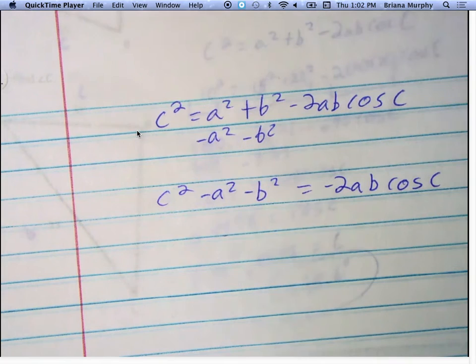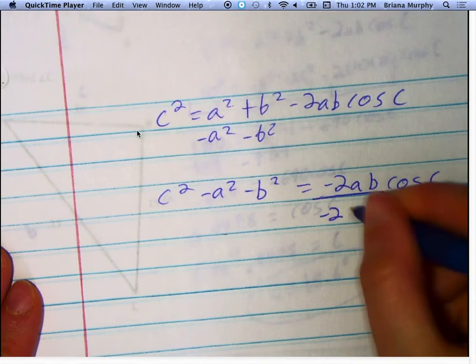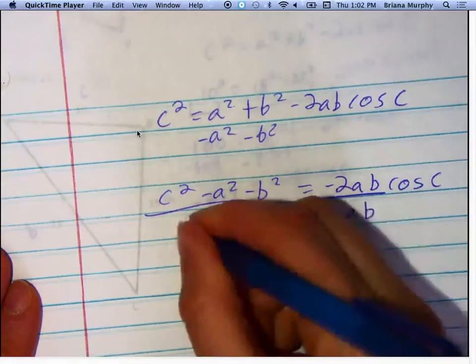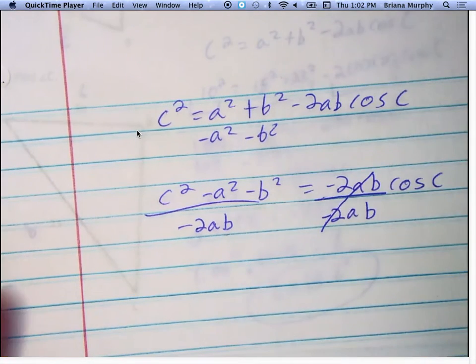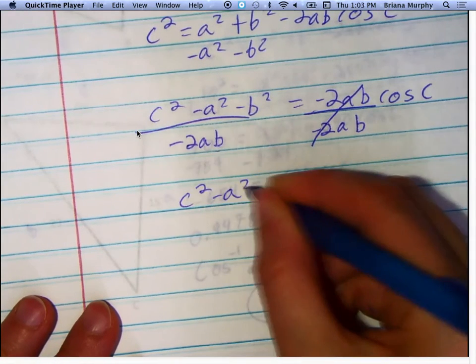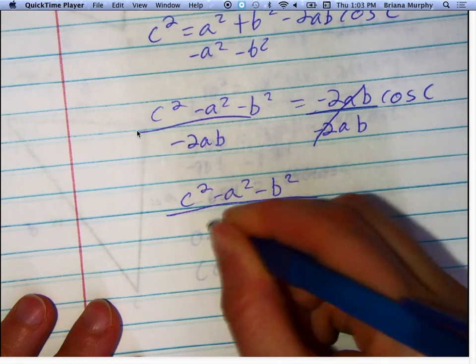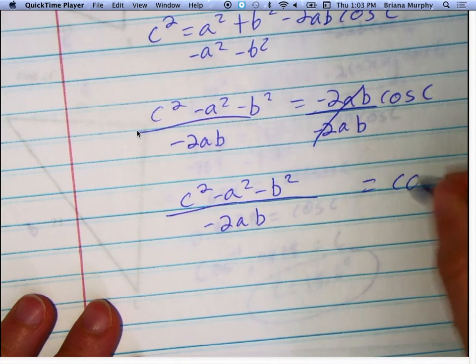Okay? And then I'm going to divide negative 2ab on both sides. It's kind of hard to follow, but I'm doing the exact same thing I did without numbers. I know sometimes when you have letters here, it makes it confusing, but that's what I'm doing. Okay? So I've got c squared minus a squared minus b squared all over negative 2ab equals cosine c.